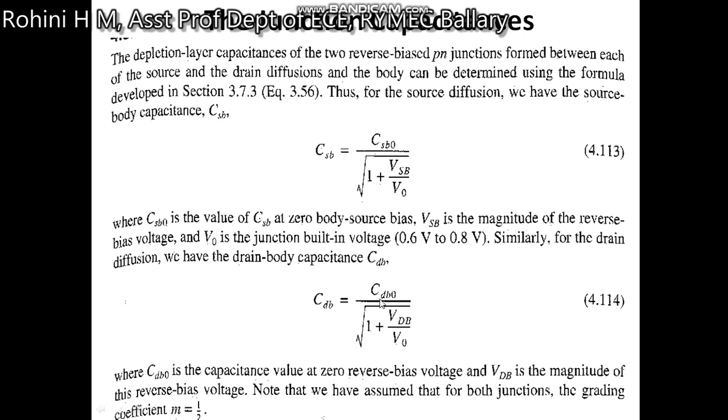What is CDB naught? CDB naught is the capacitance value at 0 reverse bias voltage, and VDB is the magnitude of the reverse bias voltage, and as you know V naught is the junction built-in voltage. We assume for both junctions the grading coefficient M is 1/2.